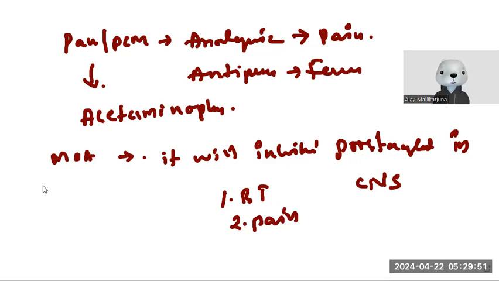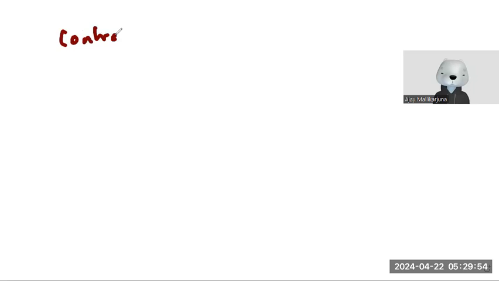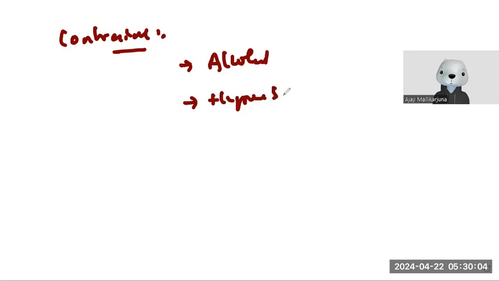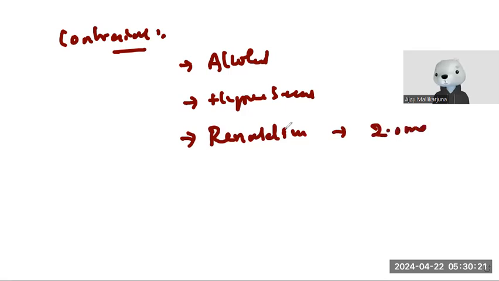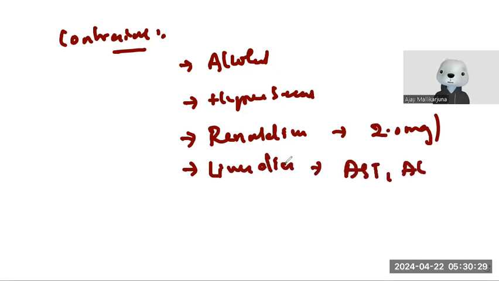I just want to give the contraindications. It should not be taken with alcohol. It should not be given with allergy or hypersensitivity, because all drugs are not suitable for everyone. It should not be given with renal disease, meaning if the creatinine is above 2.0 mg. It should not be given in liver disease if the AST and ALT levels are above the limit.